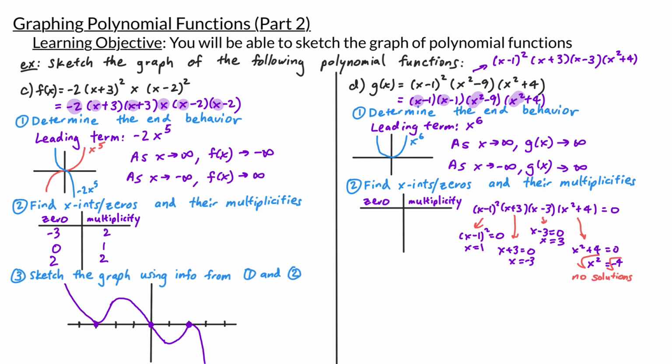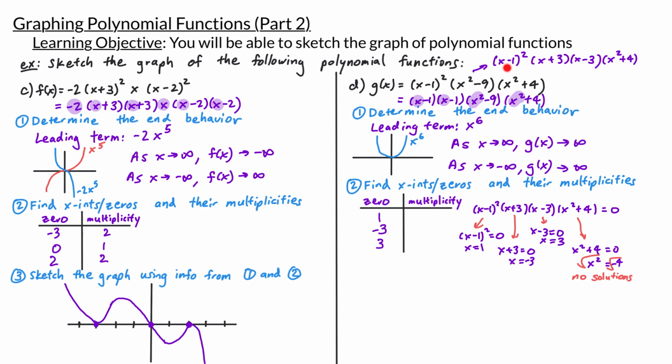So in the end, the zeros or the x-intercepts for our function are 1, negative 3, and positive 3. The factor x^2 + 4 does not give me any x-intercepts. Now let's go back to the factored version for our polynomial to determine the multiplicities.